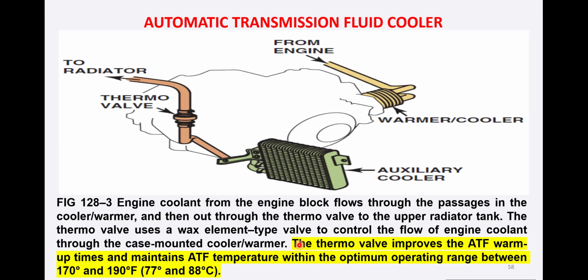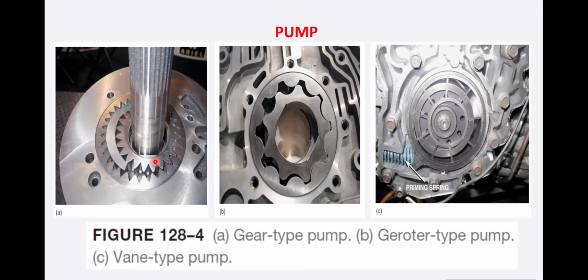Another part of the automatic transmission system is the pump, which produces this hydraulic pressure. There are different types of pump. The gear type pump, this one is your gerotor type pump, and this is your vane type pump.